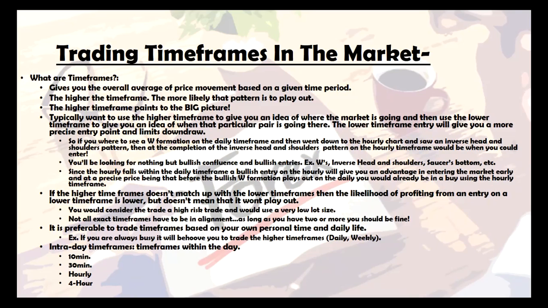Now, granted, it doesn't necessarily all have to be W patterns. Let's say on the daily you had a W, which is a bullish entry, and on the quarter hourly you had an inverse head and shoulders, which is a bullish entry, and then on the hourly you had, let's say, a saucer bottom, which is a bullish entry as well.